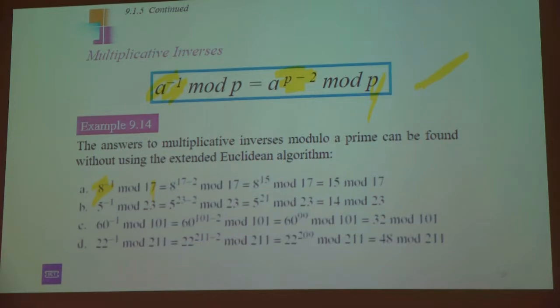That gives you 15. So the multiplicative inverse of 8 is 15.